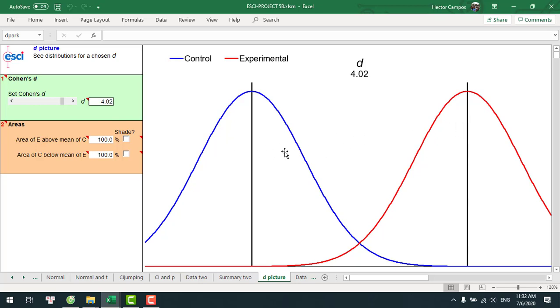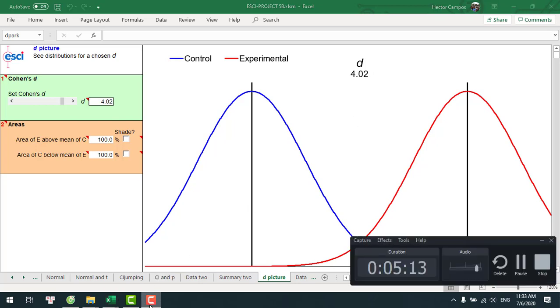Therefore, we conclude that they're not equivalent. So this is also what Cohen's d is going to help us determine. So we have here a big effect difference. Anything higher than 0.8 is considered a big size effect. So here the difference is big. It's a Cohen's d value of 4.02.